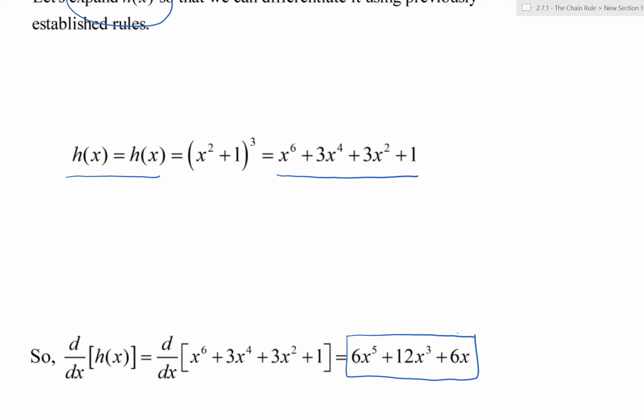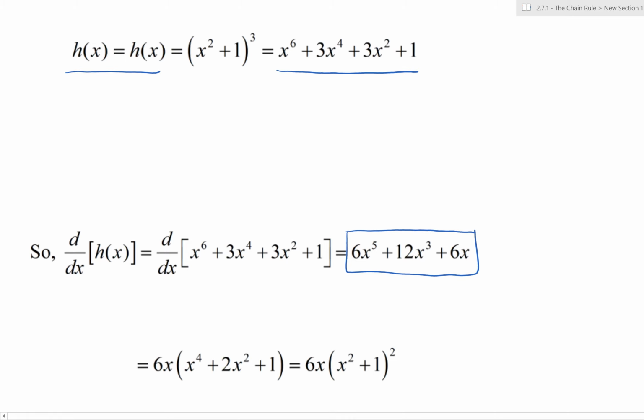And you say, well, how does f of x and g of x have anything to do with this? Well, let's see. Now that I've differentiated it, I can rewrite it. I'll take out the common factor of 6x from all the terms, and I get this result right down here at the bottom: 6x times the quantity x to the 4th plus 2x squared plus 1.